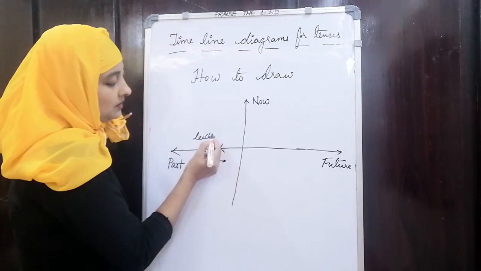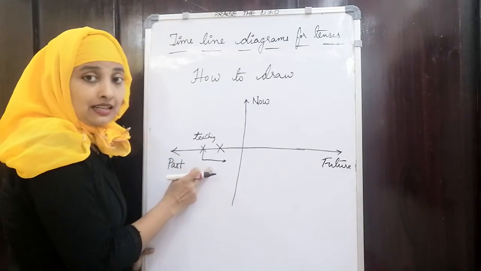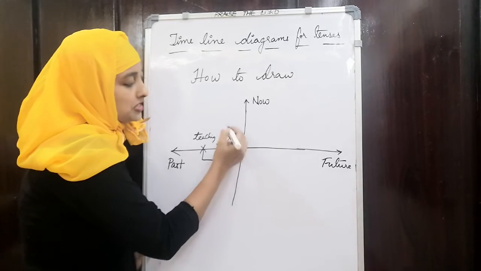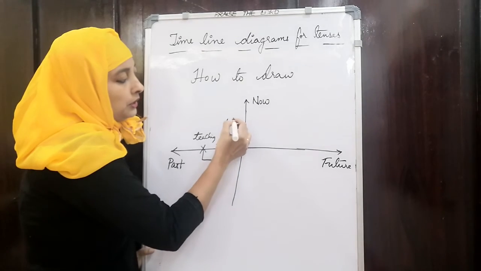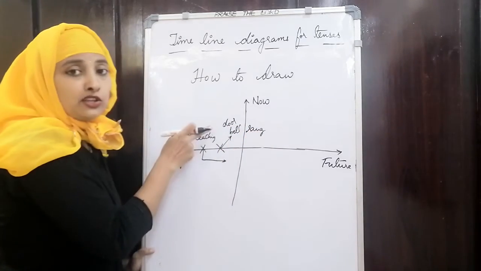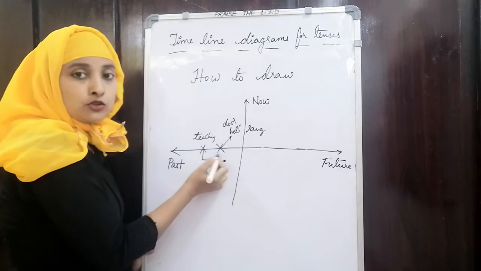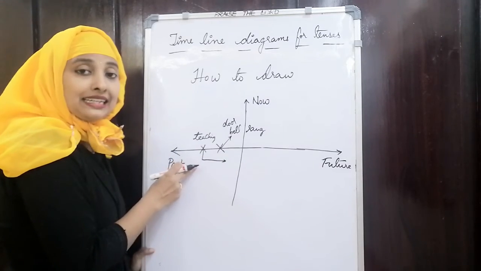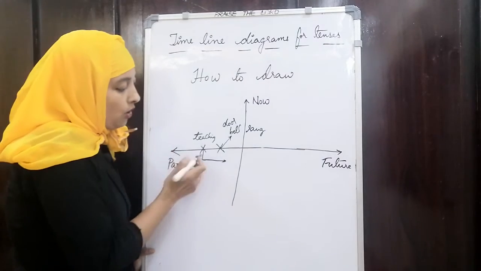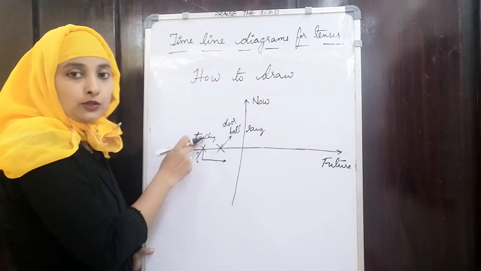This is the teaching event. And in between, this is a completed action: the doorbell rang. So here, with respect to two events, you will be representing. This is a perfect aspect. Since I don't know when it started, you will be putting a question mark on top.